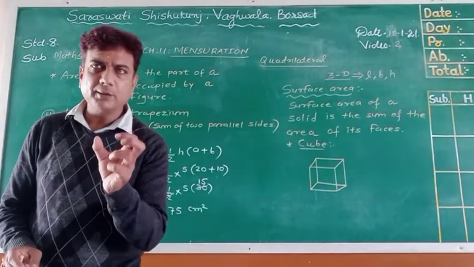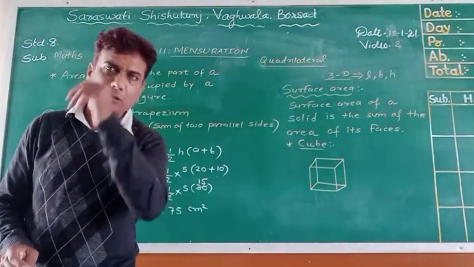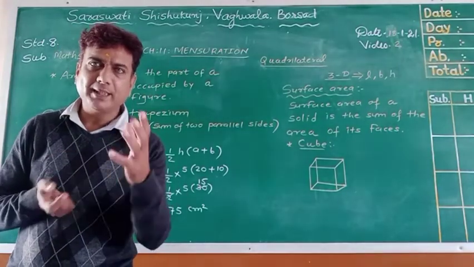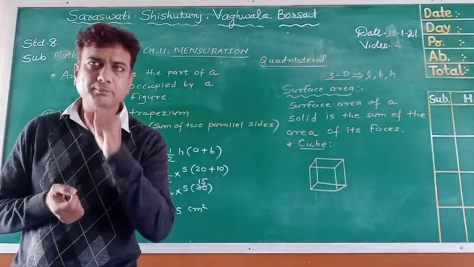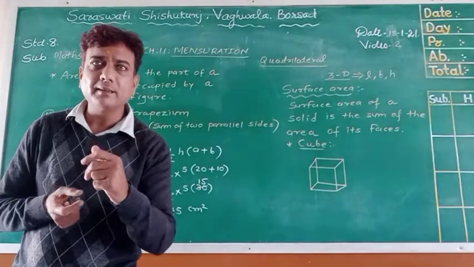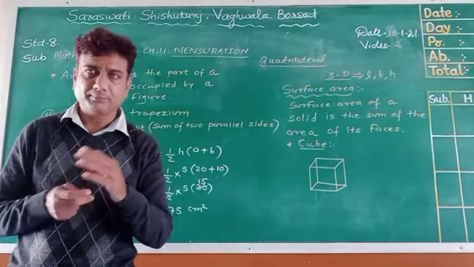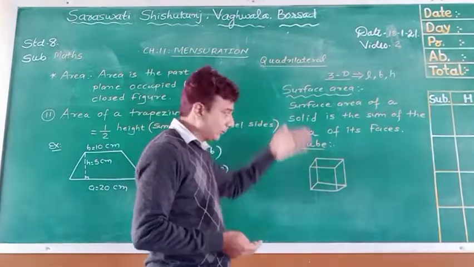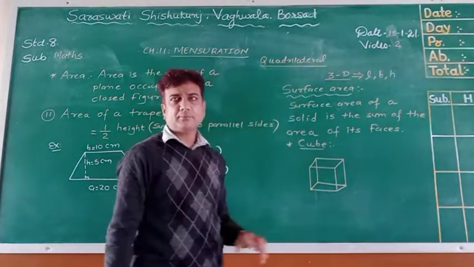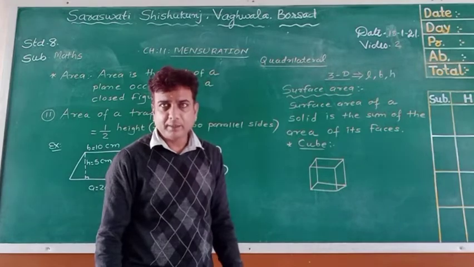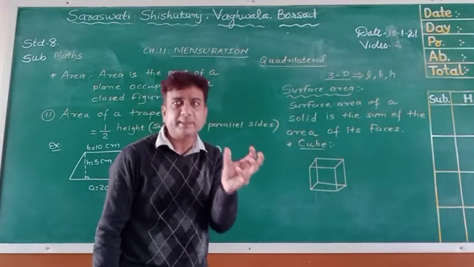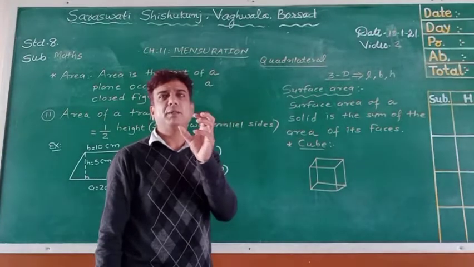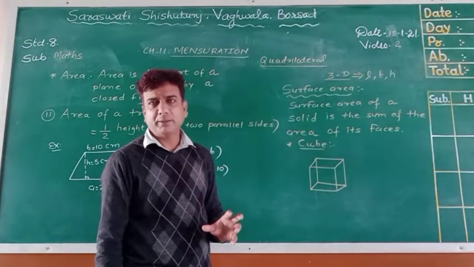How can we say this is a cube? Because this length, breadth and height are all the same in measurement. So we can say this is a cube. How many surfaces does it have? It has 6 surfaces: 1, 2, 3, 4, 5, 6. 6 faces. And the sum of the areas of all these faces gives the total surface area.